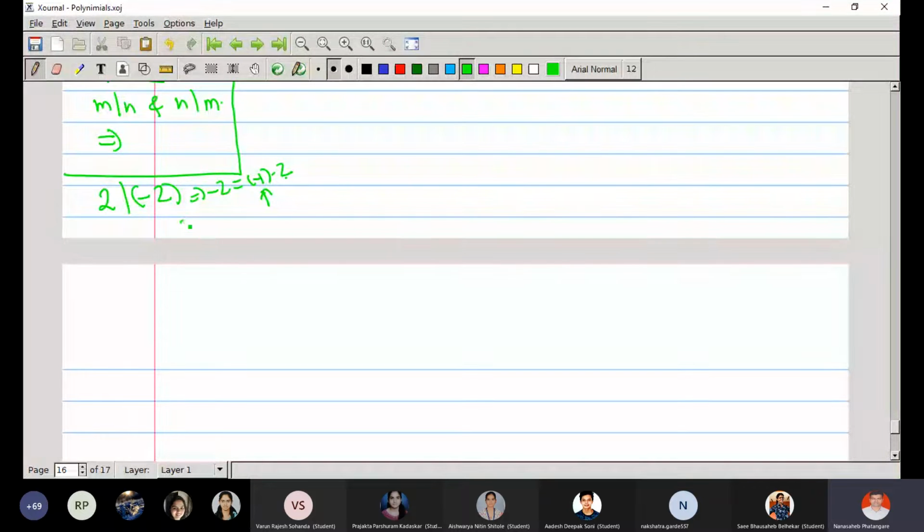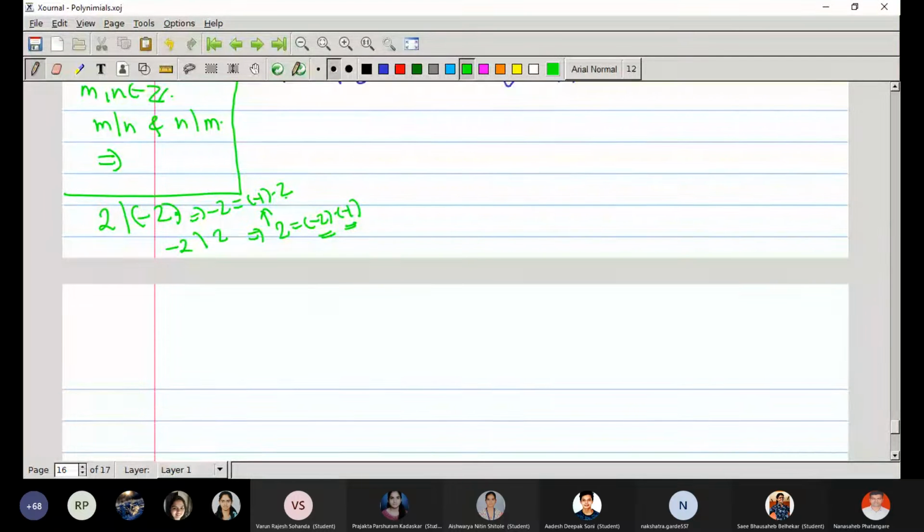So 2 and minus 2 divide each other, and therefore what is the relation between 2 and minus 2? In general, what is the relation between two integers if they divide each other? Their absolute values are the same, that means they differ by a plus minus sign only.